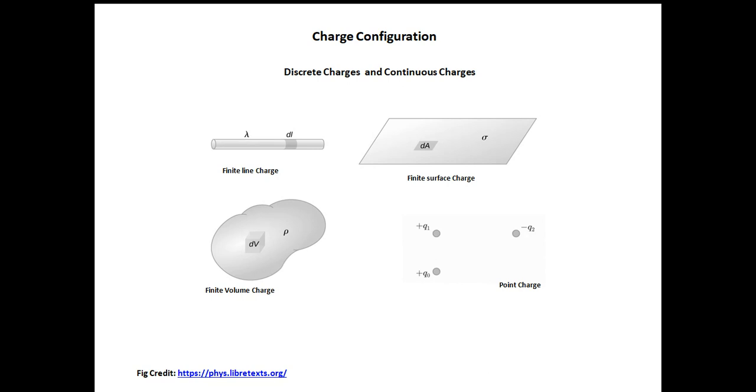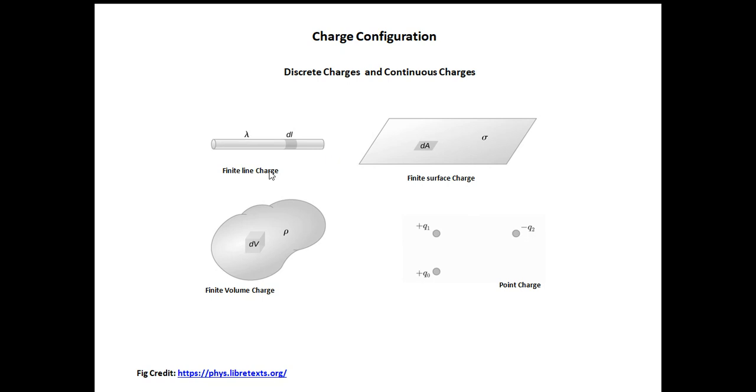Now, if I have point charges like here Q1, Q2, Q3, and this is an assembly, then we call this a discrete charge configuration. If I have something like a line charge, a charge that is like a line, then I call it a finite line charge, because things will change the moment this charge becomes infinite.